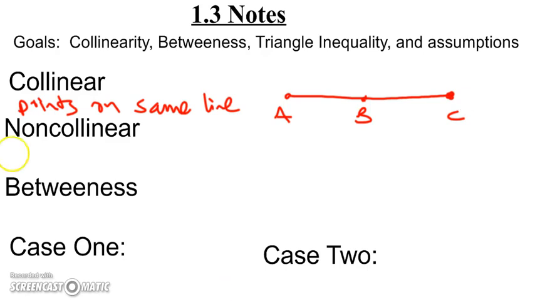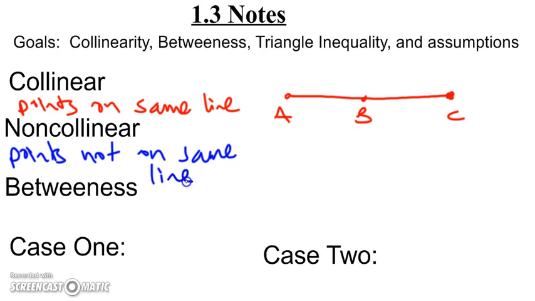Non-collinear would be an example of points that are not on the same line. So if I was given 3 points, say D, E, and F, they do not exist on the same line.